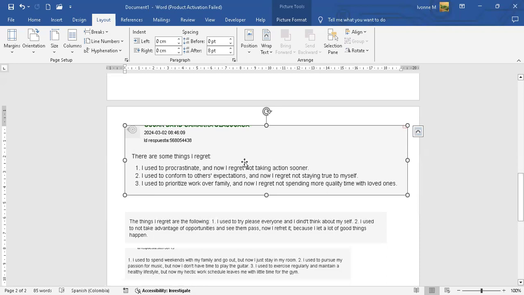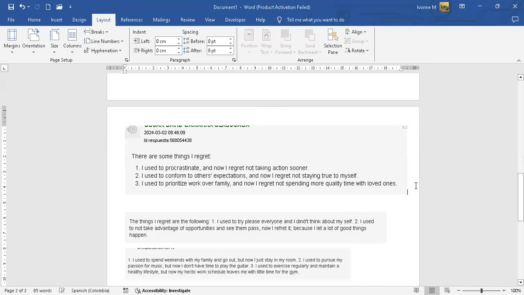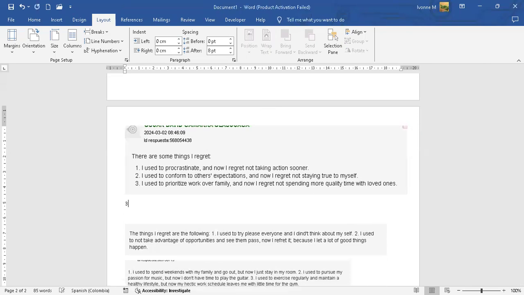So it's easier for us to translate this information into a third conditional. I used to conform to others' expectations and now I regret not staying true to myself. I used to prioritize work over family and now I regret not spending more quality time with loved ones. Let's do that one, the last one, number 3.